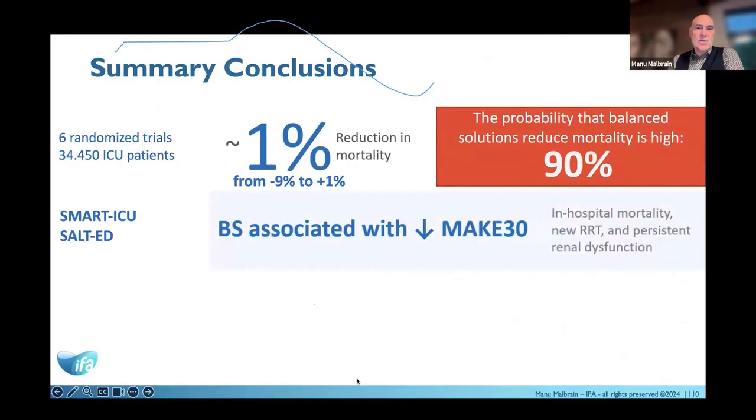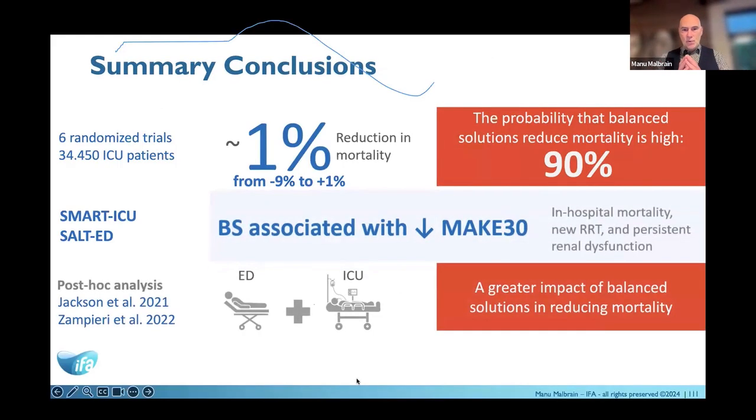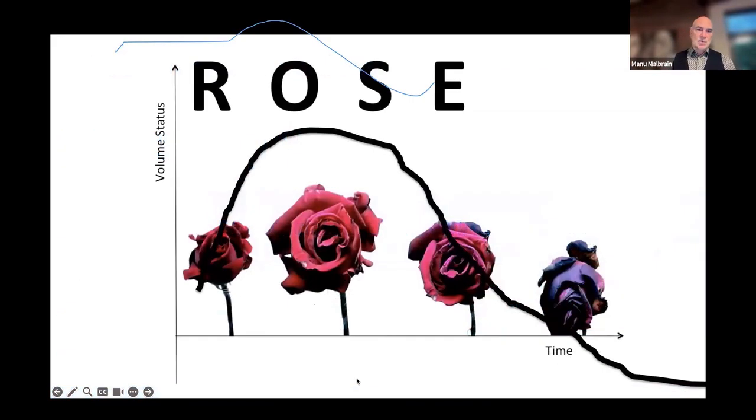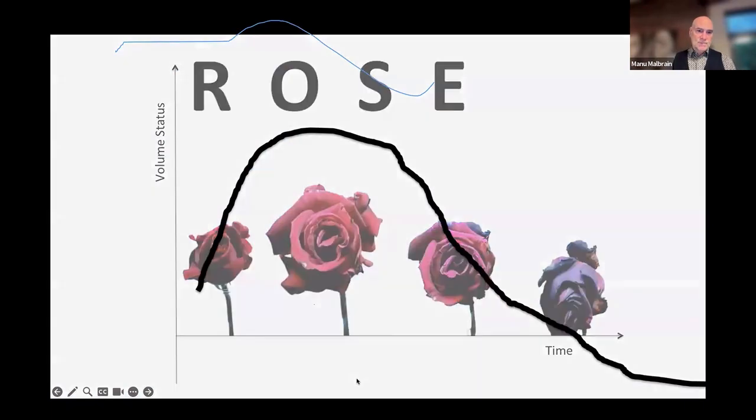And they are associated with fewer major adverse kidney events, especially if you combine the emergency and ICU trajectory. So if you start with balanced and you continue in the ICU, there is a better prognosis. So it's also important that already in the emergency department, the correct fluids are given. So it's the first choice in sepsis, burns, pancreatitis, DKA, AKI, and not in neurotrauma patients.